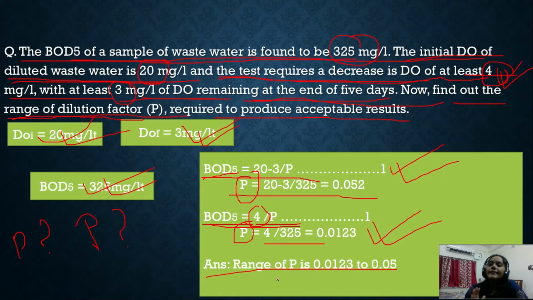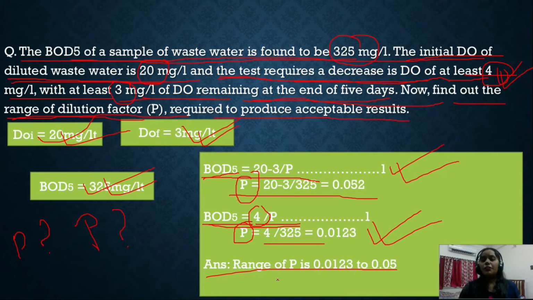These types of questions are very important, and these types of problems, numericals, we generally have. During your exam time, in any type of exam, you will get this type of question very frequently.